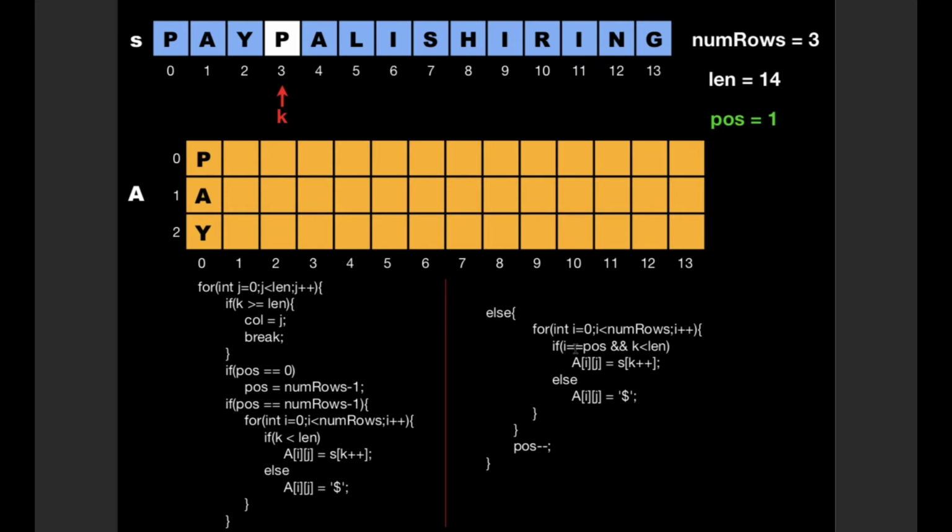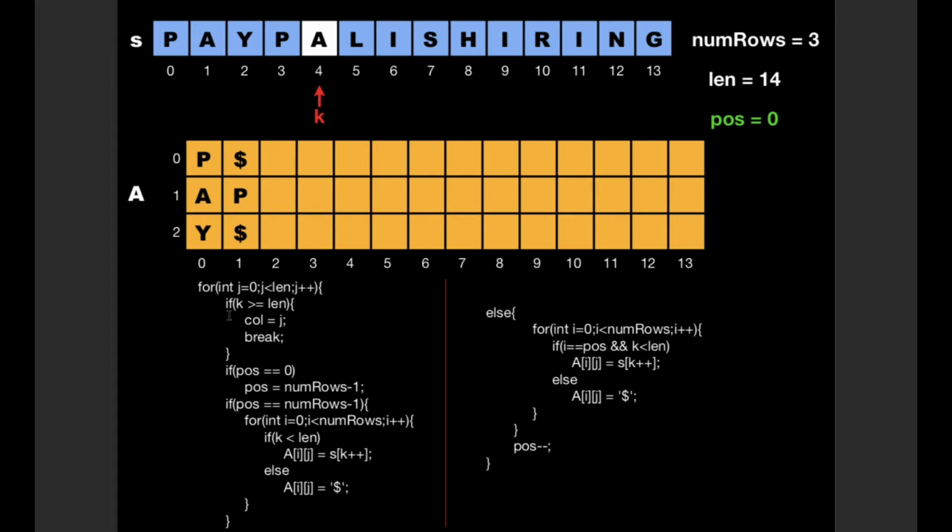Therefore, we insert a dollar. So now the value of i is equal to position. Therefore, we insert the character P into the array A. Now again we insert a dollar and decrement the value of position. Now the value of position is 0.